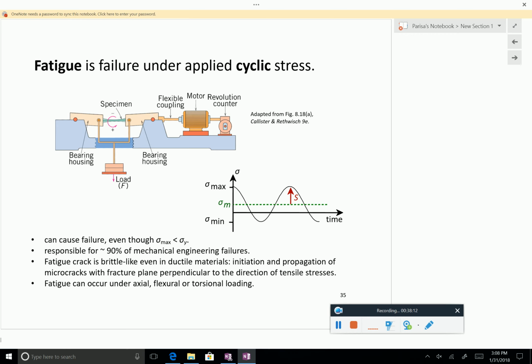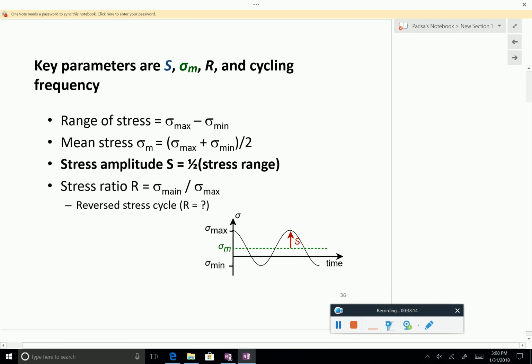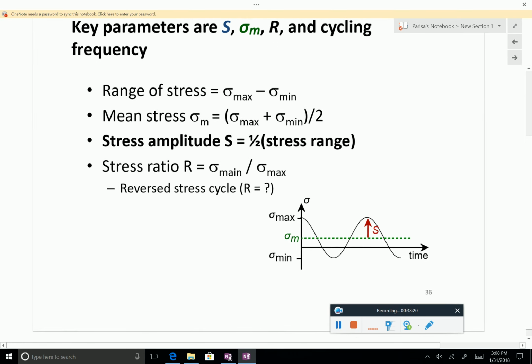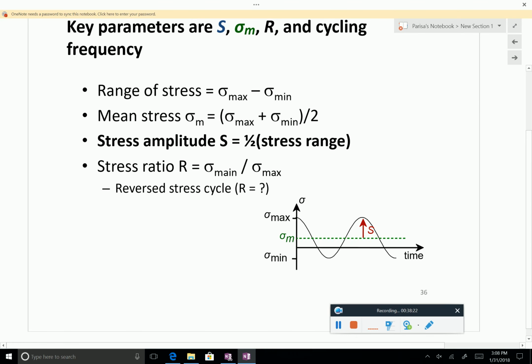There are a few definitions that we need to learn in relation to the fatigue loading. One is the range of a stress. So when the stress is changing from some maximum to some minimum, the range is of course maximum minus minimum.